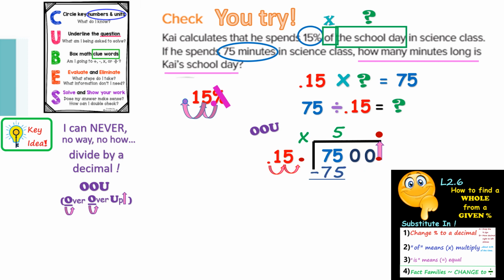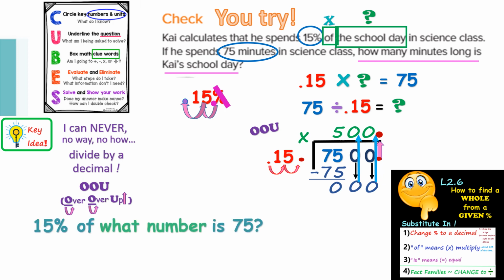Once I get 75 as my answer, I subtract it, and I have a 0 remainder. Now I have 2 zeros to bring down, and if I have 2 zeros to bring down, that means I have 2 zeros to bring up. As I do the math and make sure that I use all of my digits, I end up with an even number of 500.